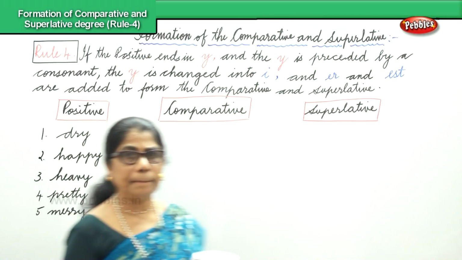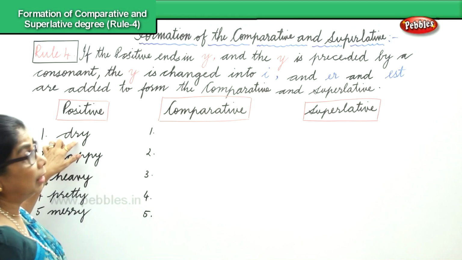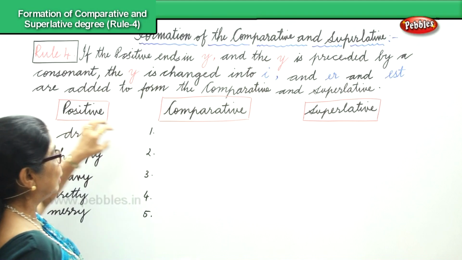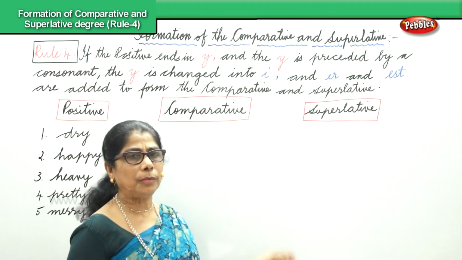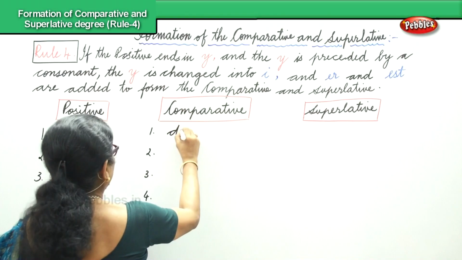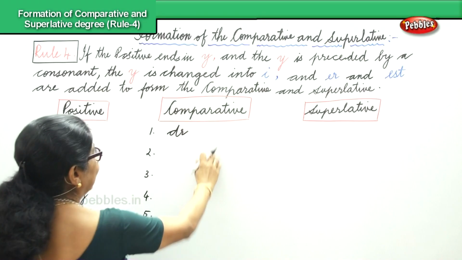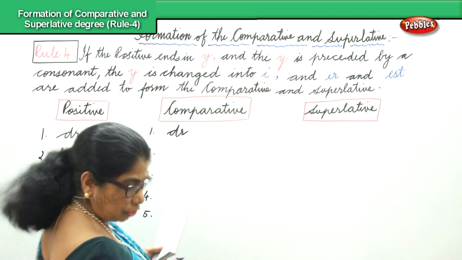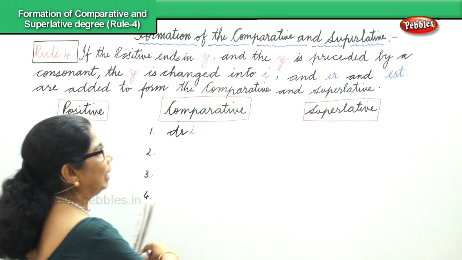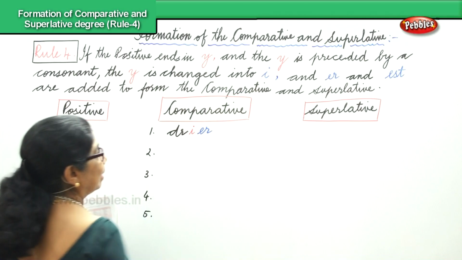Now let's form the comparative. What does it say? The Y is preceded by a consonant R. Y changed to I. So DRI. Then ER is added to form the comparative. So you will find DR, then I is added and ER is added. Dryer, drier.